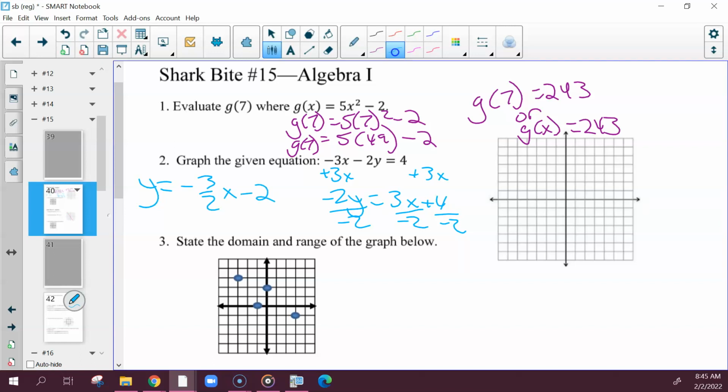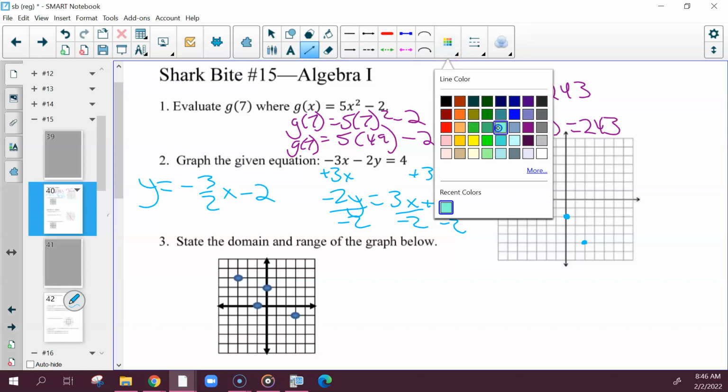So we would start at our y-intercept of -2. Then we could go down 3 and to the right 2, or we could go up 3 to the left 2 as many times as possible. And then draw our line. Make sure you have arrows.